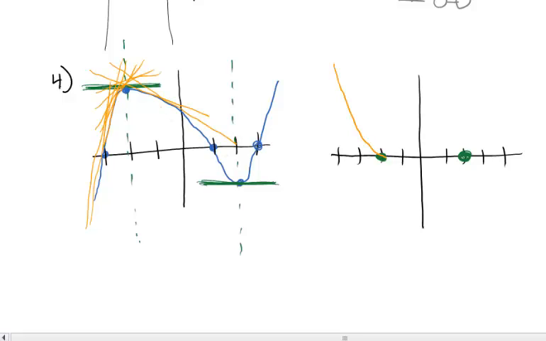Shallow tangent lines, but notice these shallow tangent lines are going downhill. So these go downhill until they start to get shallow again, at 0.